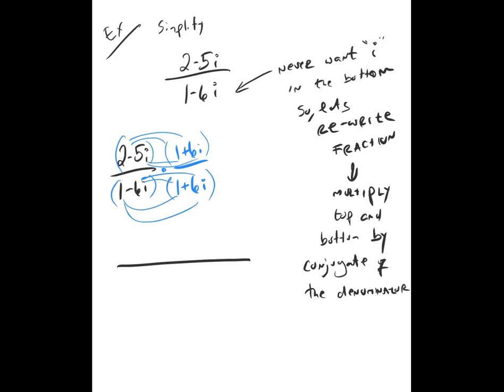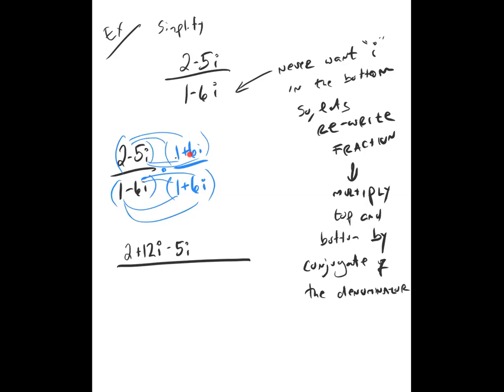Right, so we simplify the top, gives us a 2, right? 2 times 1 is 2. Then we have 2 times 6i, gives us this positive 12i. Negative 5i times 1 is a minus 5i.